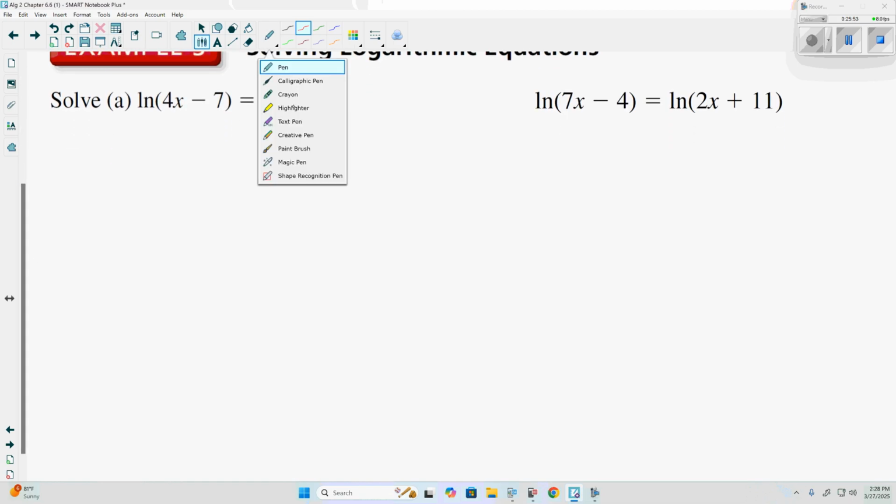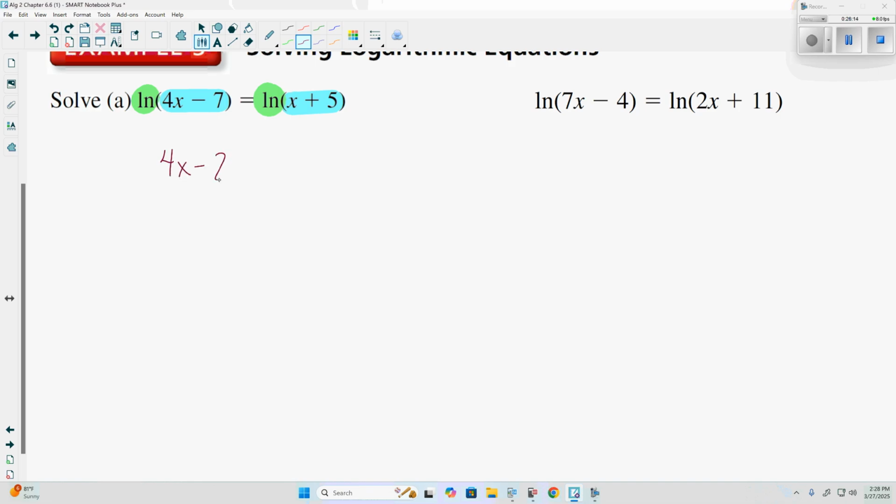So we look at this first one here. Well, we have one log on either side of the equation, and they're both the natural log. So they are the same. So that means what's inside the logarithms has to be the same as well. So that means for us that 4x minus 7 has to equal x plus 5.